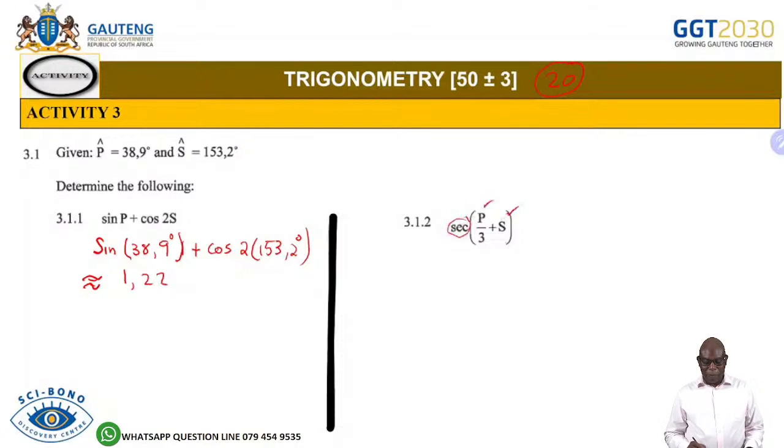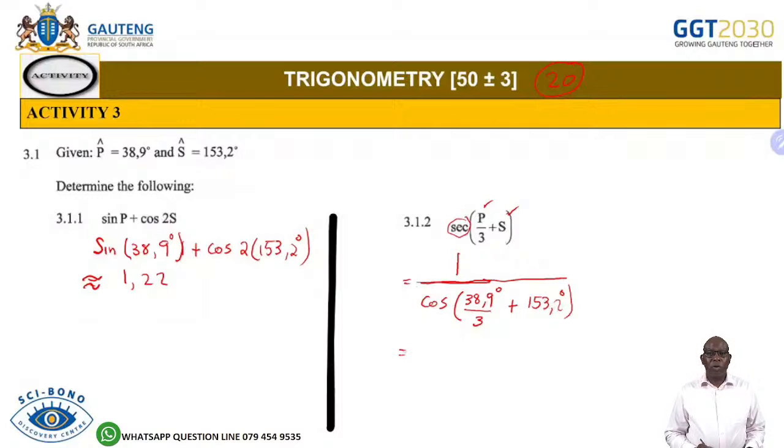Reciprocal means there must be a 1 over something. So I first start by writing 1 over cos, then I can substitute my P: 38.9 degrees divided by 3 plus 153.2 degrees, close bracket, extend my line there.